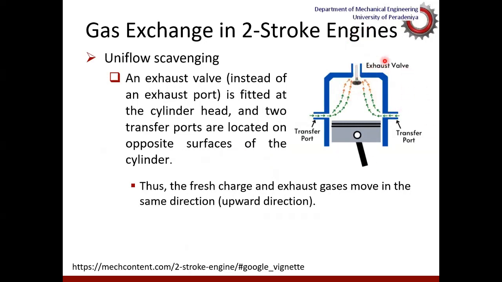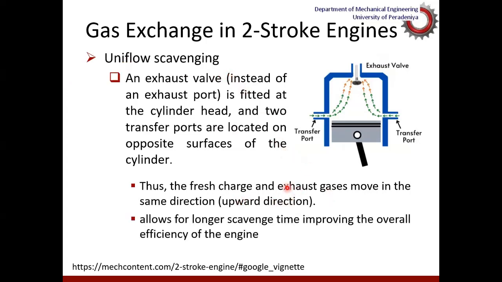In the uniflow scavenging process, both gases move upwards. The uniflow arrangement gives you more time for scavenging. Accordingly, the scavenging process could be improved. So the scavenging efficiency could be improved using this configuration.